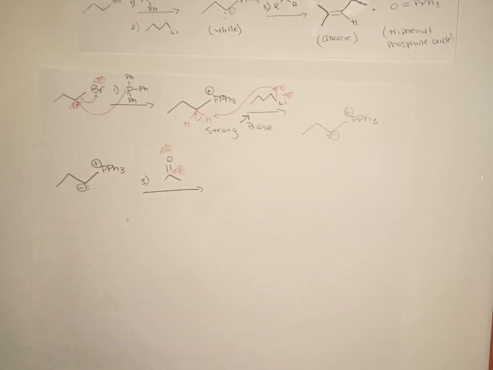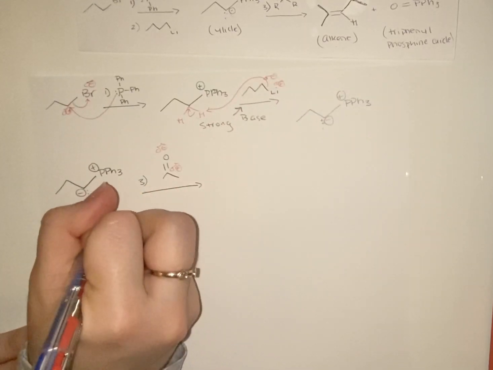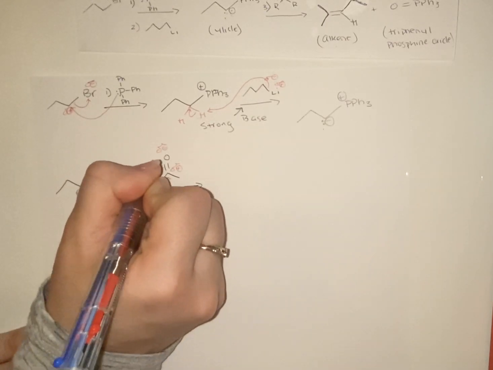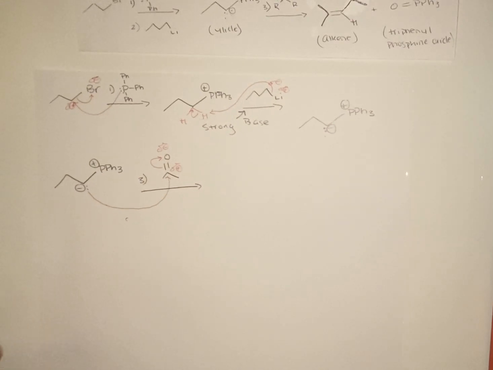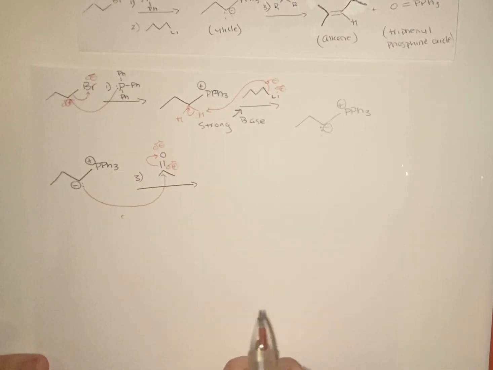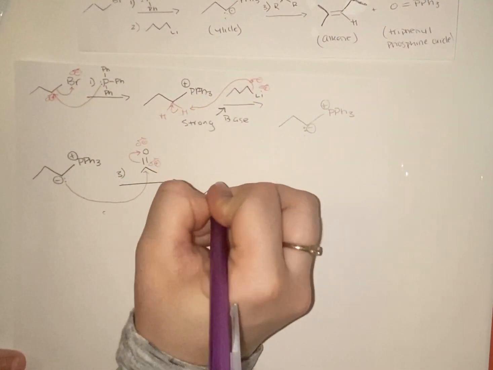And this lone pair will then act as the nucleophile and attack this carbon, which will cause the bond to break and the electrons to sit on the oxygen. From there, you will receive this intermediate.